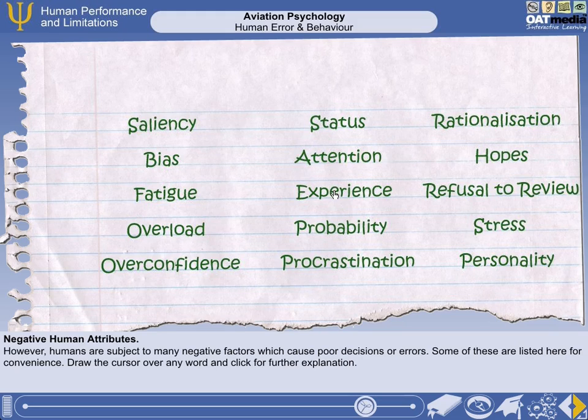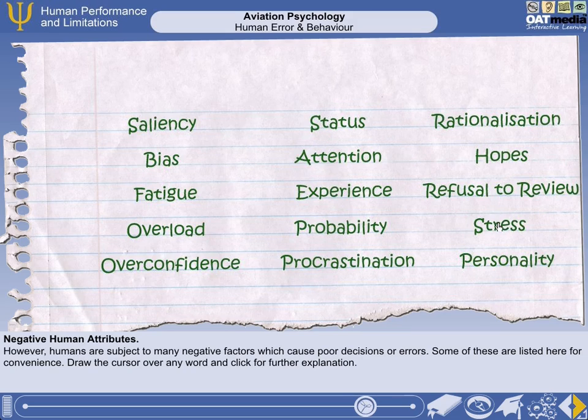Experience, new pilots will make slower decisions. Probability, assuming without checking. Procrastination, I'll decide later. Rationalization, that fault always goes away. Hopes, the weather may be better over the hills.